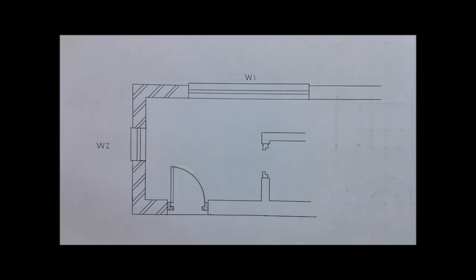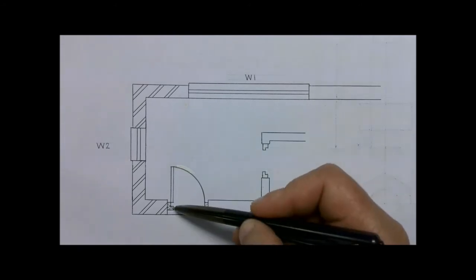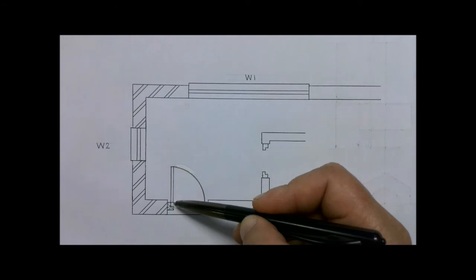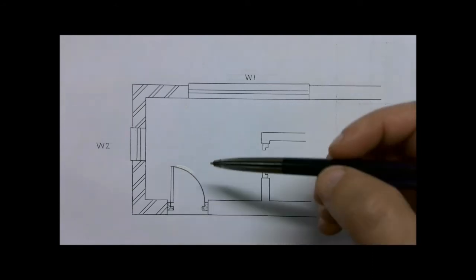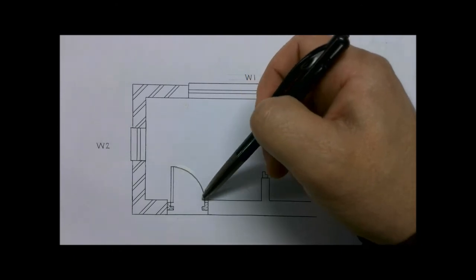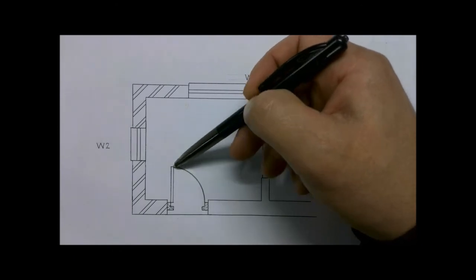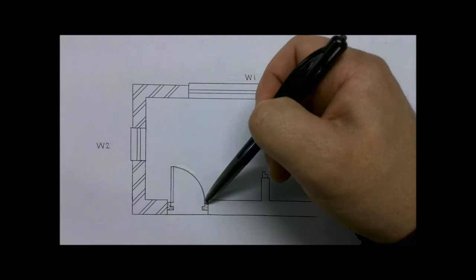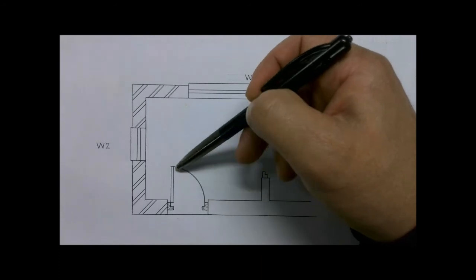Common mistakes will be to join the door frame to the door and this portion over here. It's a big mistake. Another mistake is freehanding this door swing as though it had not had a proper swing.